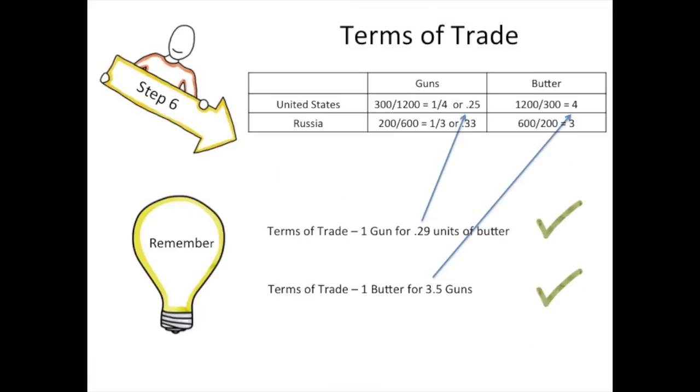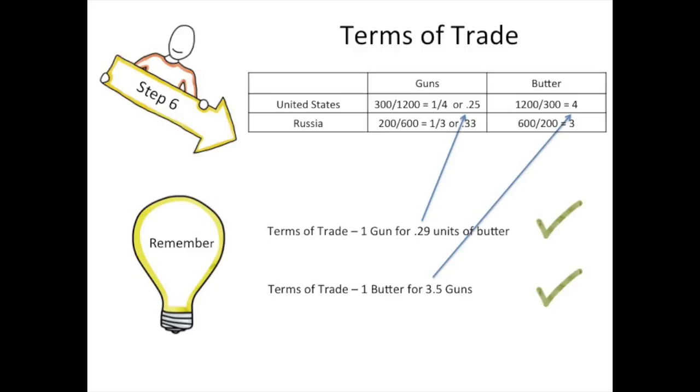For a trade to benefit both countries, the terms of trade has to fall between the two opportunity costs. The one gun for 0.29 units of butter will benefit both the United States and Russia because 0.29 falls between 0.25 and 0.33.